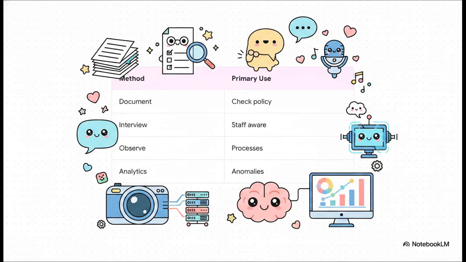Does their day-to-day understanding actually align with the documented policies? Then, observations, and this is huge for AI. This is where an auditor watches real-time processes, like seeing firsthand how an incident response team handles a simulated security breach. Finally, data analytics. Using advanced tools to detect anomalies or unauthorized access patterns in massive, complex log files that a human could never realistically read manually.